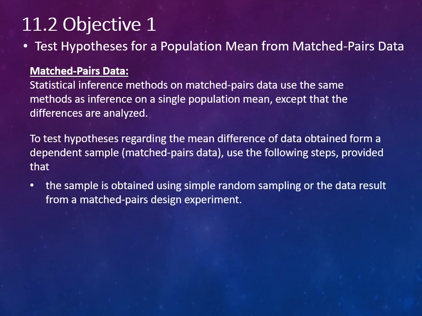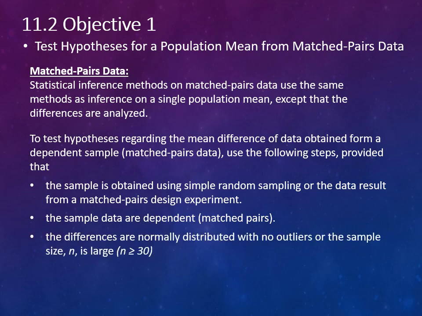To test hypotheses regarding the mean difference of data obtained from a dependent sample, we use the following steps. Provided, and again, this is nothing new, the sample is obtained using simple random sampling, or the data result from a matched pairs design experiment. The sample data are dependent.